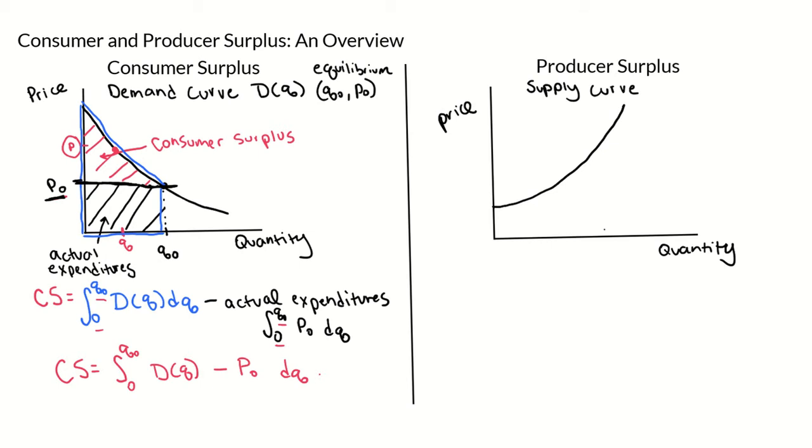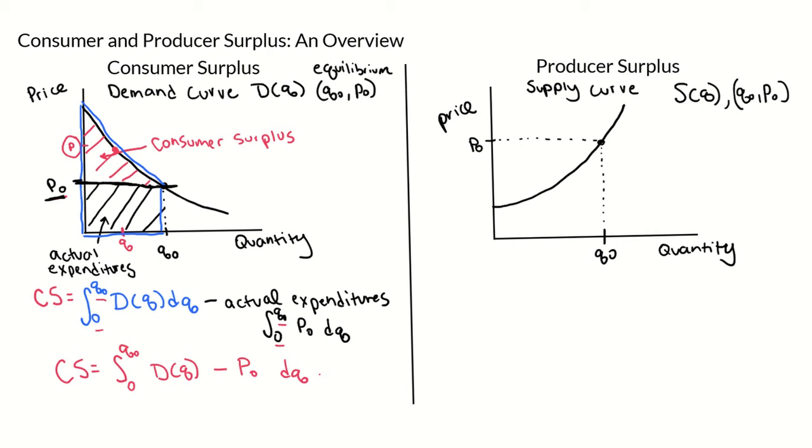And if the quantity sold is Q naught, then the price that corresponds to that would be P naught. Okay, so this supply curve, let's call it the function S of Q, and our equilibrium is Q naught comma P naught.